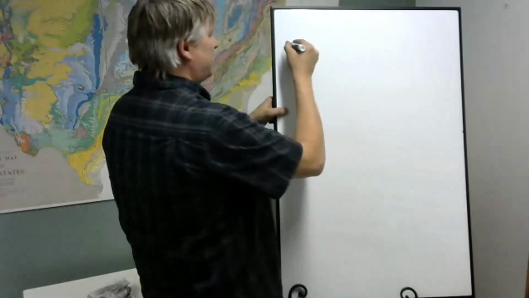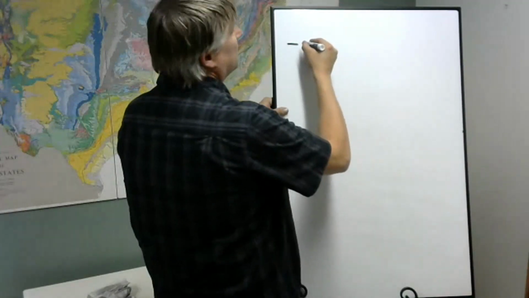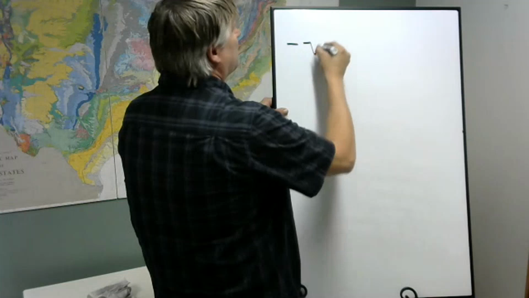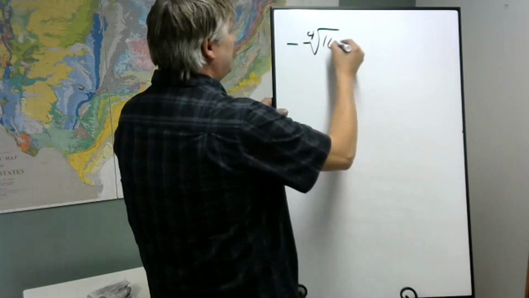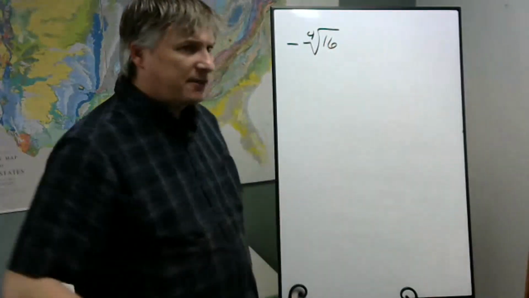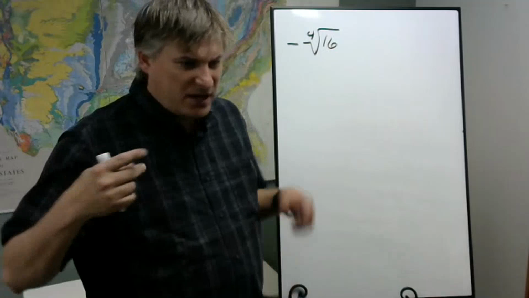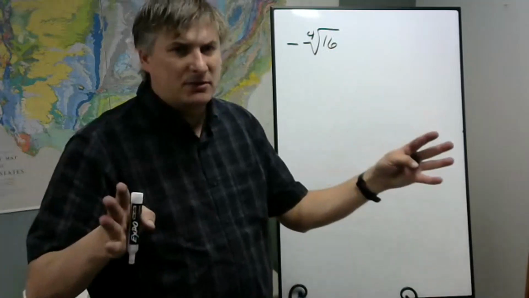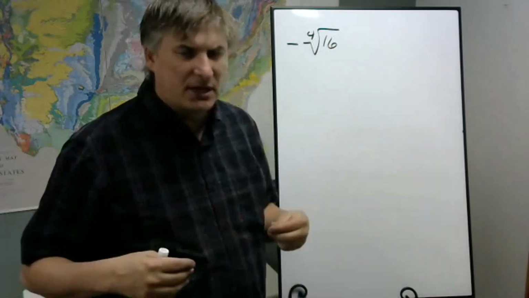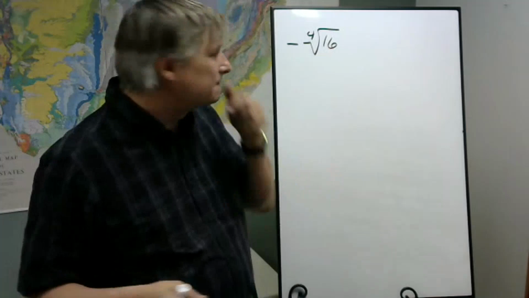What you can do, like let's say we have minus the 4th root of 16, we can try to think of a negative number, and then you take 4 copies of it in total, multiply those together, and you get positive 16.